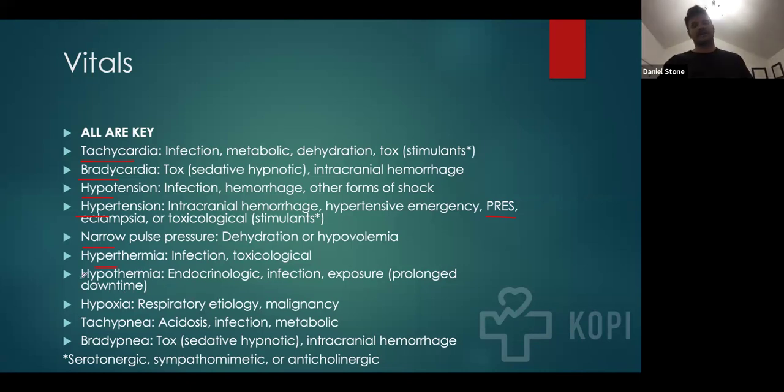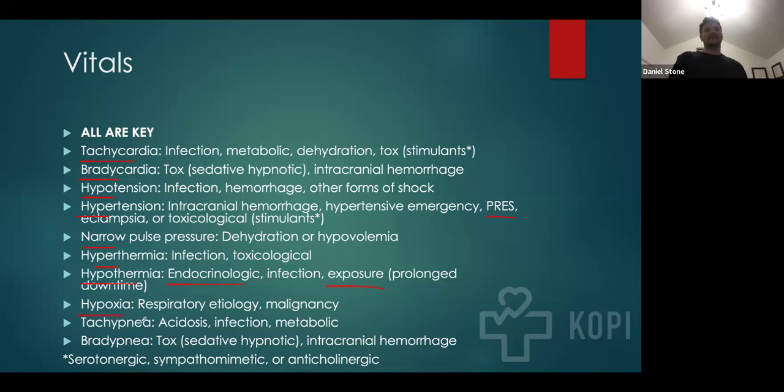Hypothermia also adds the same type of differential, but remember that it can also be seen in endocrinologic disorders. If someone comes in profoundly hypothermic and altered, I also want you to understand that they could be altered because of their hypothermia. Severe hypothermia manifests as altered mental status. So make sure that you're warming those patients, putting warm blankets on them, or removing any wet clothing.